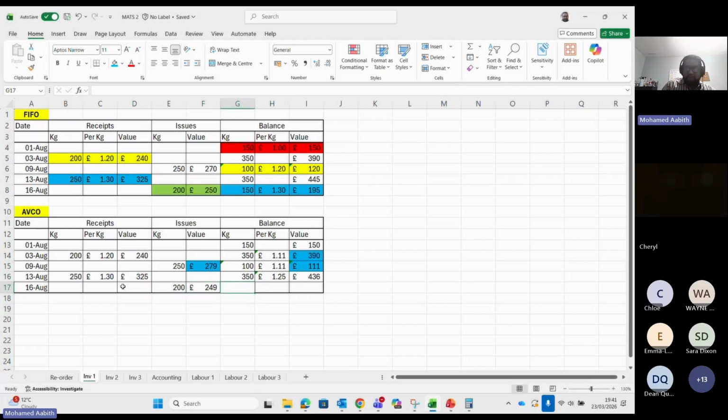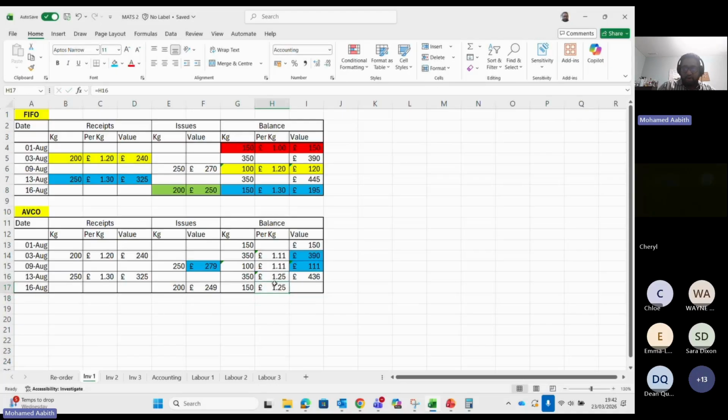And how much is left over here now? This is going to be equal to that minus that. And what is the value here now? This is going to be equal to that number.